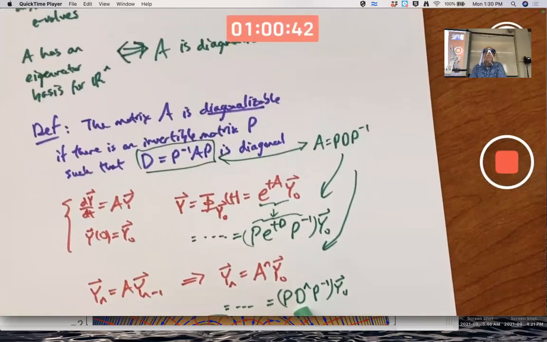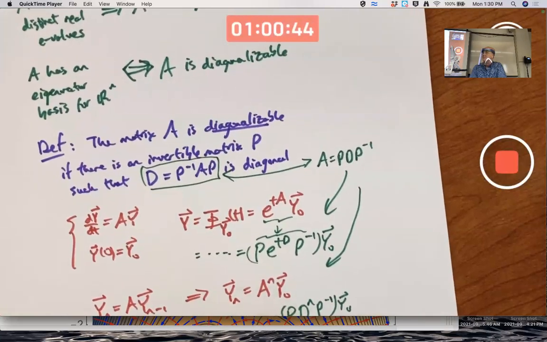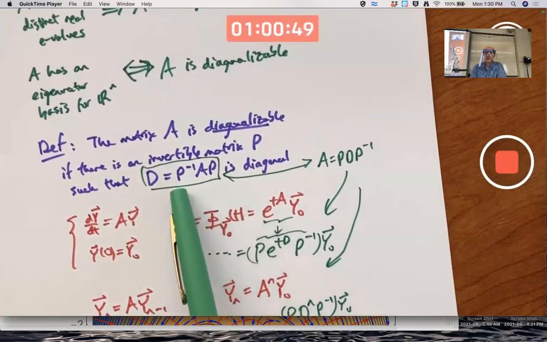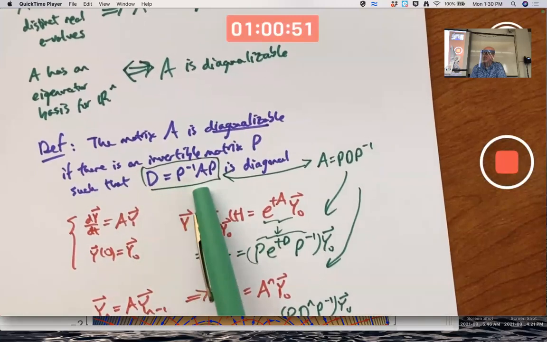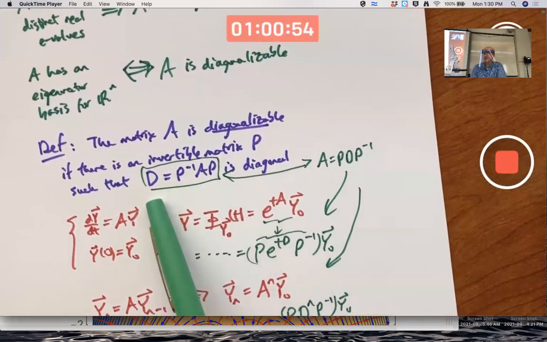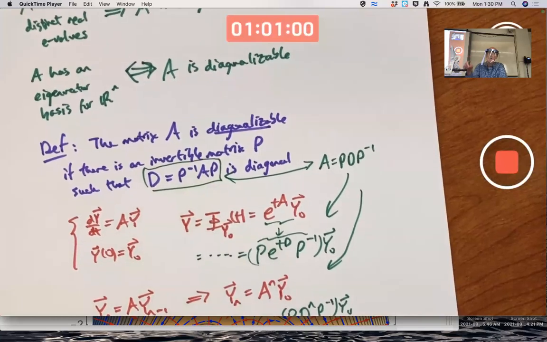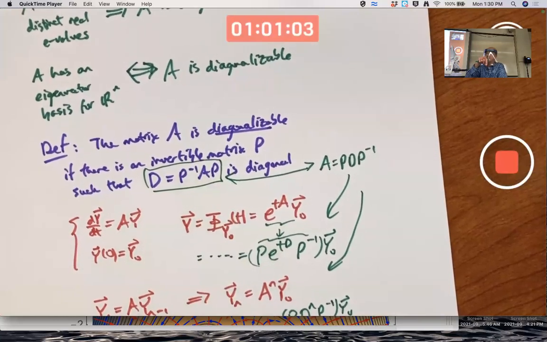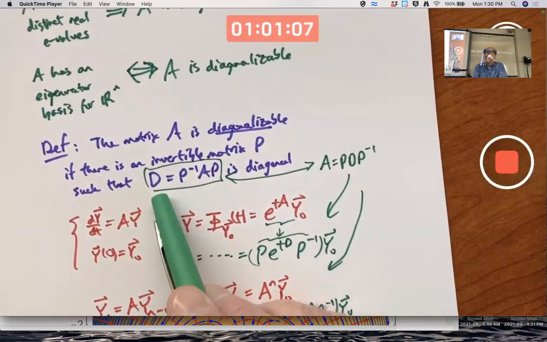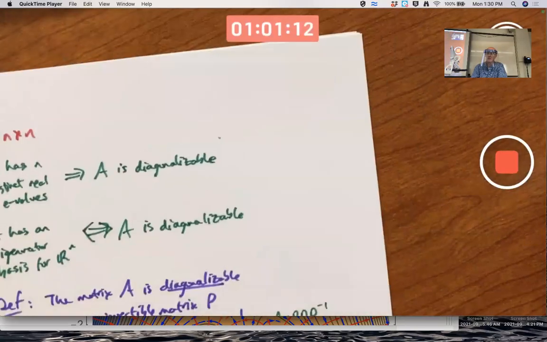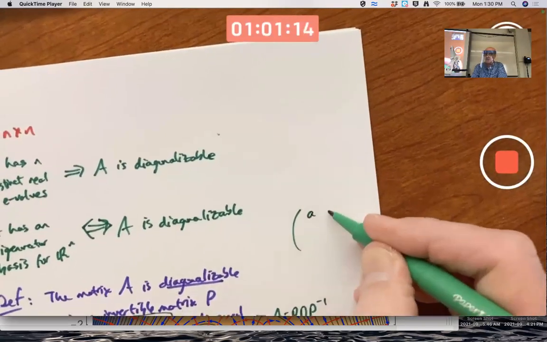Another case we thought about is what about when A has complex eigenvalues? In the 2 by 2 case, you could compute a diagonal matrix if you allowed complex entries, but we're really after real entries. And if you do this kind of thing with the complex case, where P has columns that are the real and the imaginary parts of the eigenvectors, the D does not end up being diagonal, but it does end up having a special nice form, this kind of form.